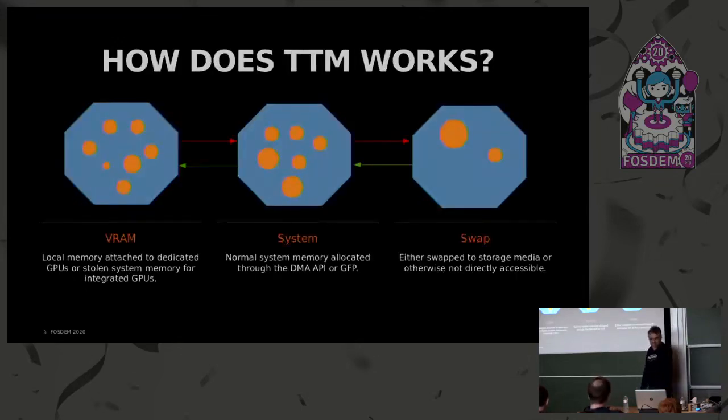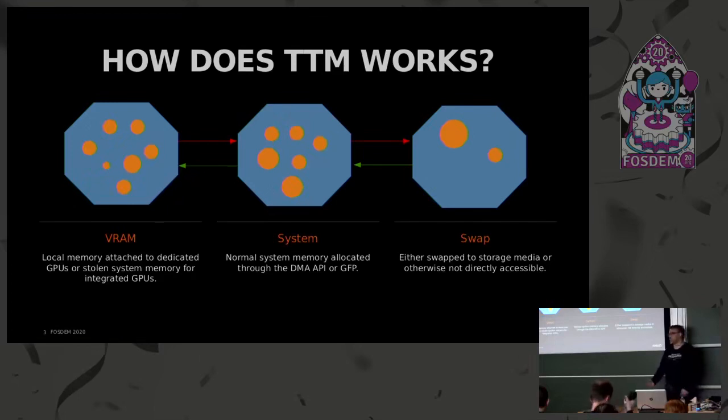So, how does TTM work? First of all, TTM defines so-called memory domains. Since it's managing the local memory on your graphics hardware, the first thing that TTM defines is the so-called VRAM domain. That's representing your memory on the GPU.